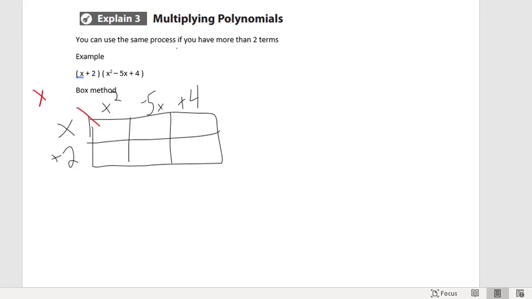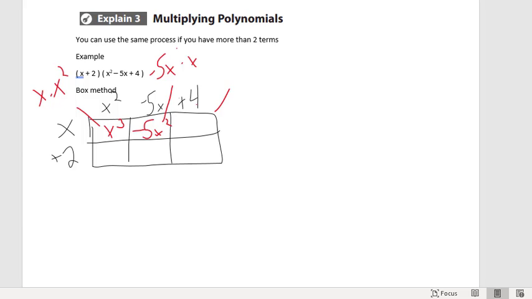So this is x times x squared, which is x to the 3rd power. Add the exponents. This one is negative 5x times x. Add the exponents. Since they're both 1, it's negative 5x squared.